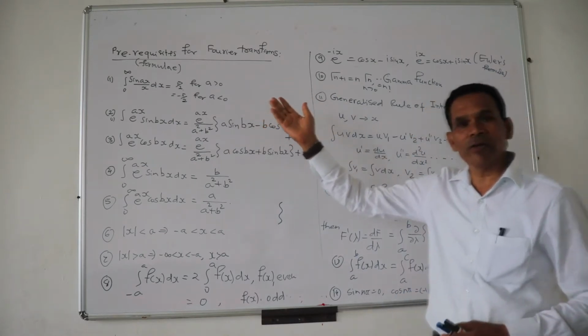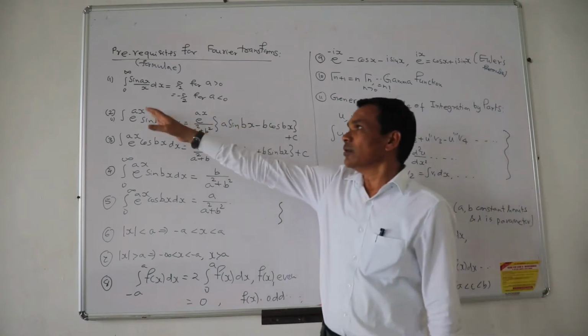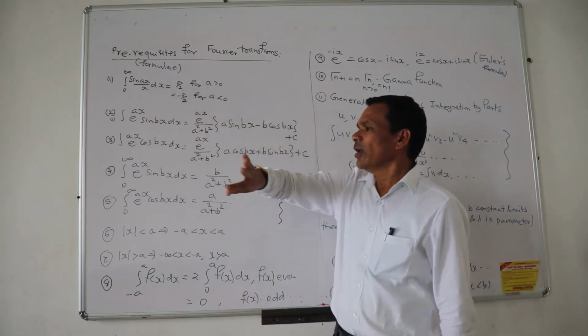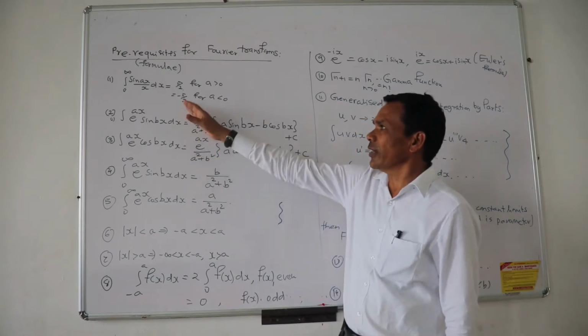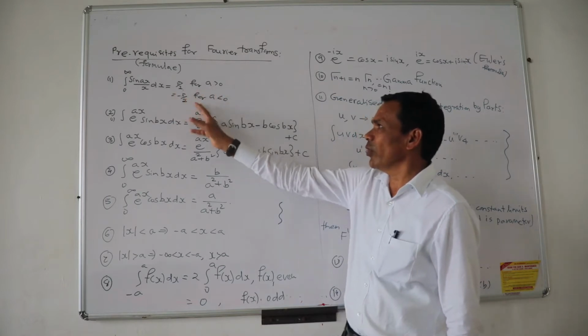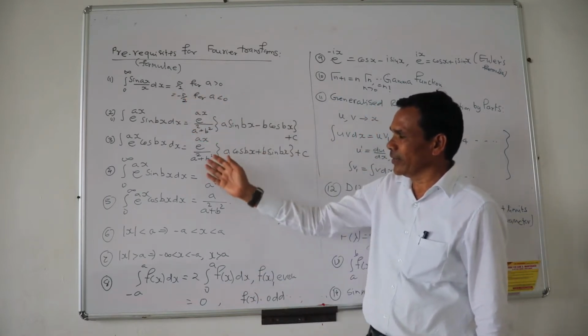For the continuous Fourier transform, if you observe the first one, the value of the integral from 0 to infinity of sin x upon x dx is very much required. It is pi by 2 for a greater than 0, and minus pi by 2 for a negative, the standard integral.